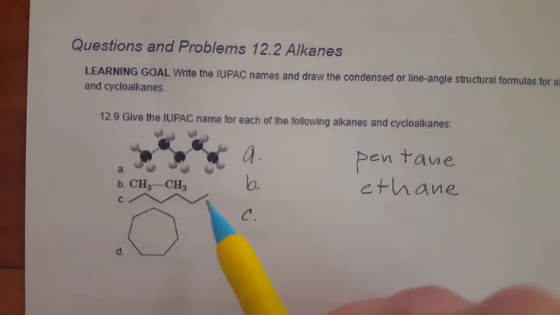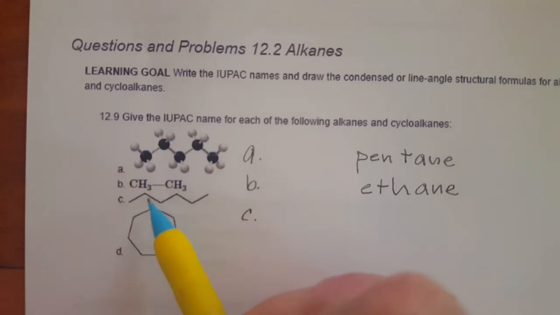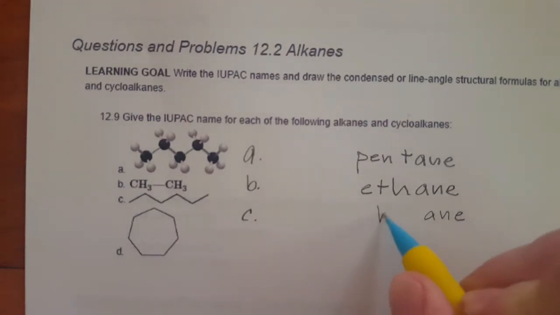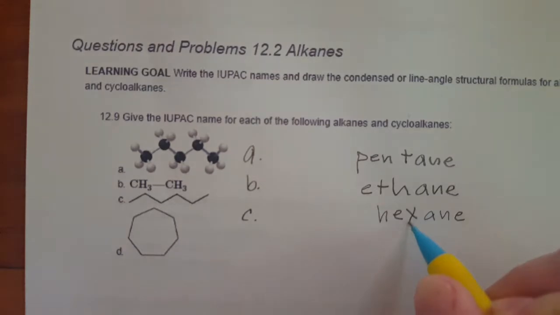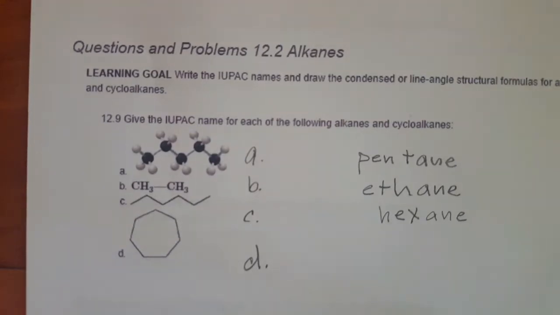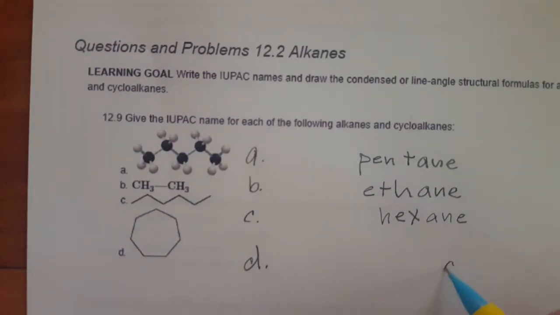of 1, 2, 3, 4, 5, 6. Again, it's going to end in ane. 6 carbons, so the prefix is hex. So this is hexane. Let's do D. Again, it's going to end in ane.